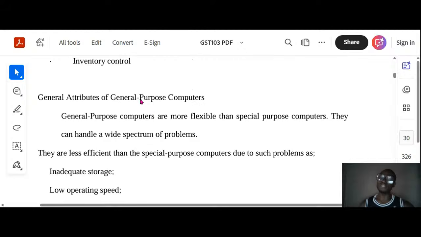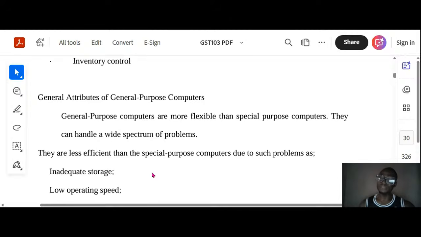Just like we had three attributes for the special purpose, which are efficiency, less complex, and cheaper, now let's see the attributes of general purpose. The general purpose computers are more flexible than special purpose computers. They can handle a wide range or spectrum of problems.